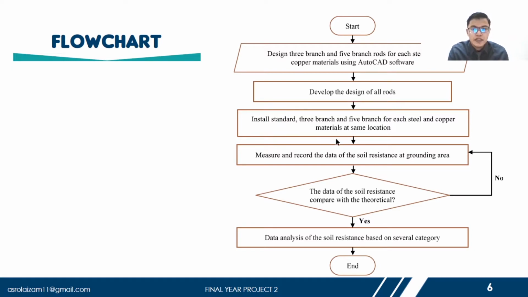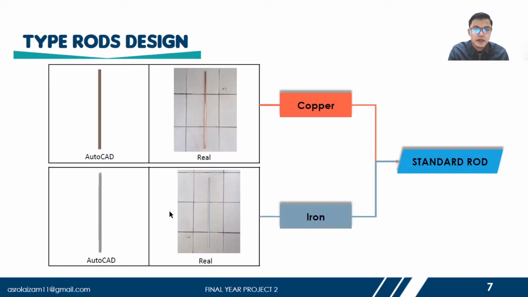Then we install all the roads at the same location, and measure using the ground tester. Then we compare the data with the theoretical. Then the data analysis will be made, and we conclude and end the experiment.